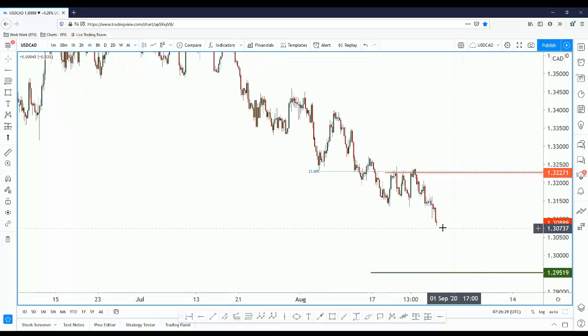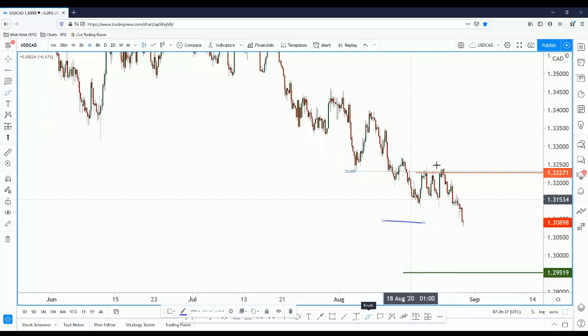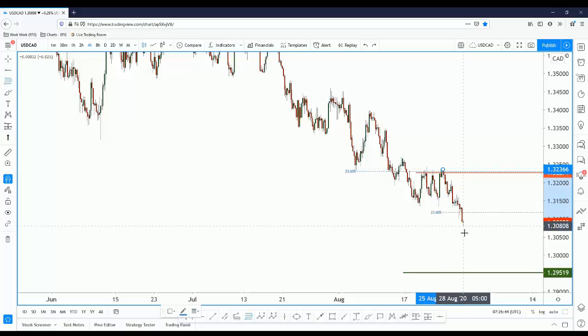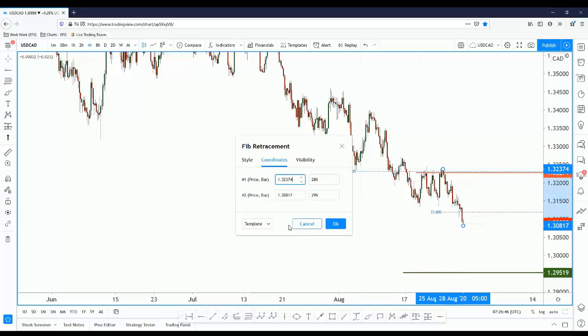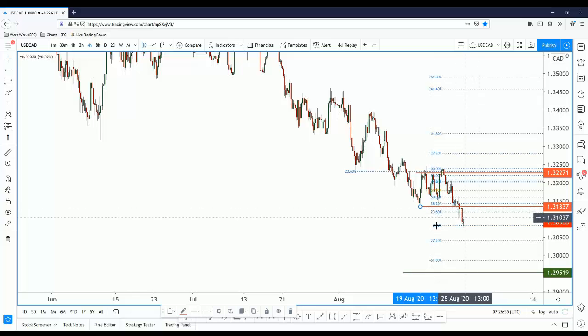Price sort of made a sideways before really breaking below previous support and making a push down. We can also use a retracement of the last down movement from the high to the low, open all Fibonacci ratios, and we can see that the 38.2 is actually close to this graphical overlap level, this resistance here.